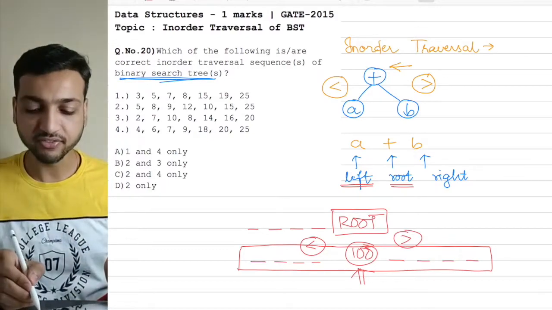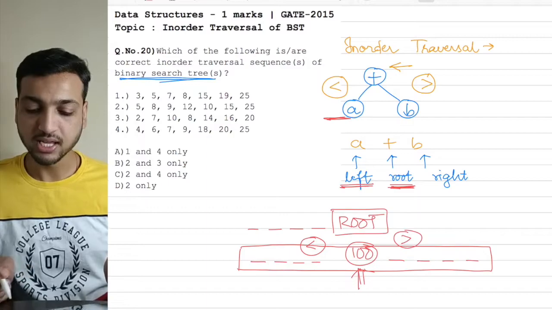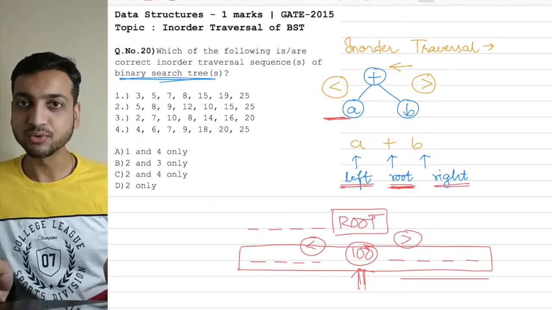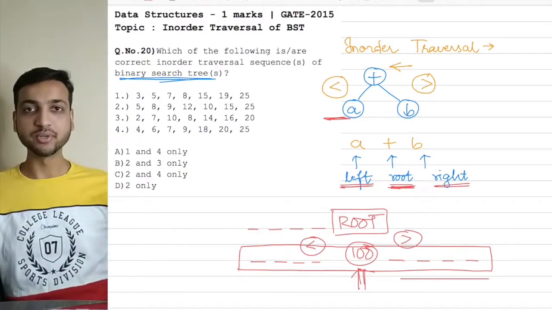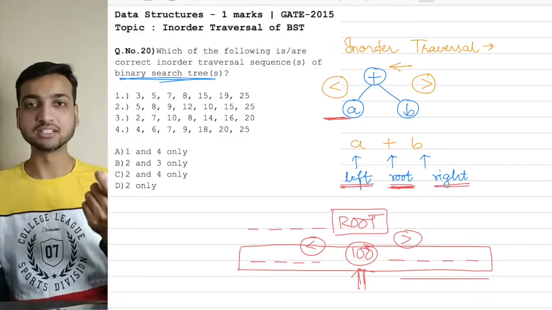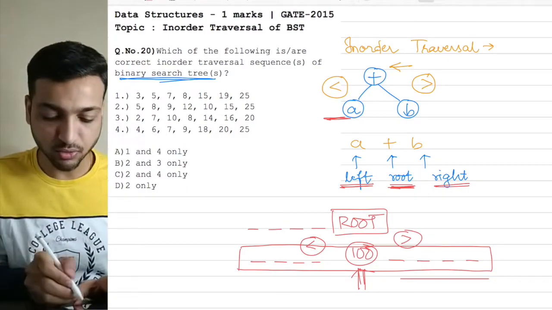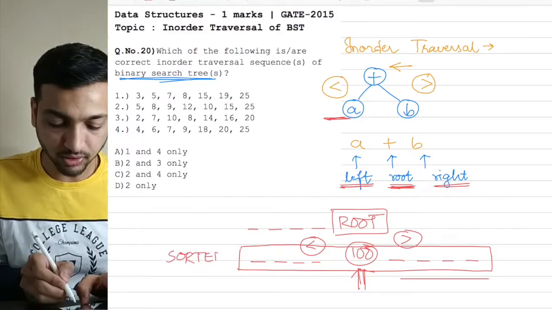Because first we visit left, everything to the left is less, then we visit the root, and then we visit right, everything to the right is going to be greater than the root. So the entire in-order sequence is going to be a sorted list for a binary search tree only. Let me just write it down. This is the important point, that this is going to be sorted.